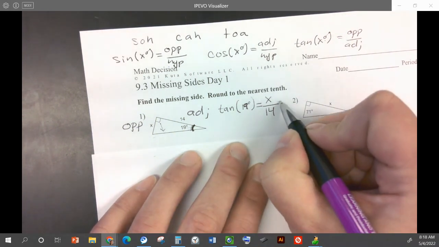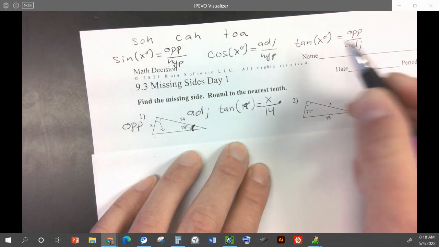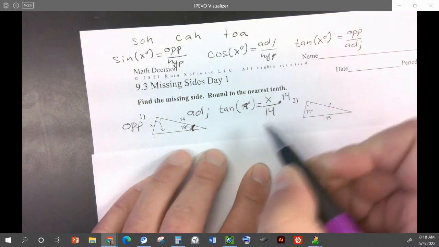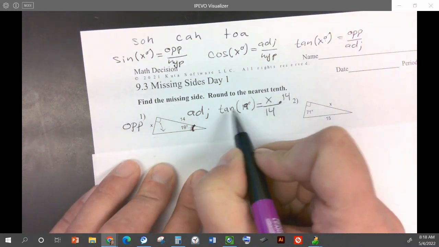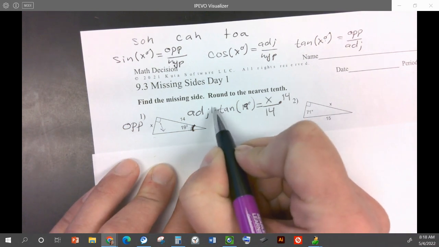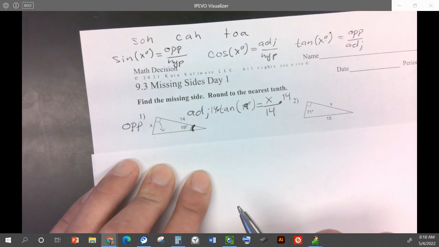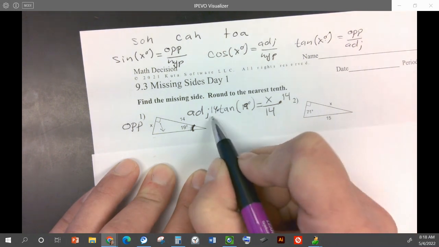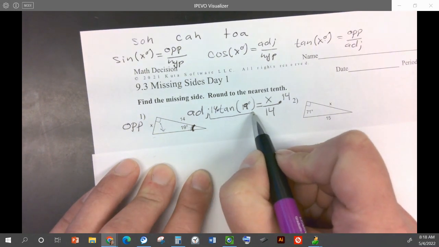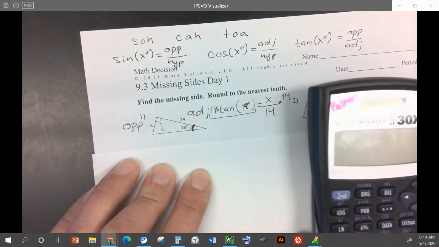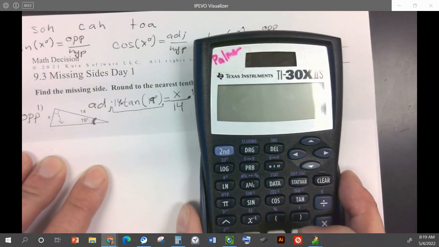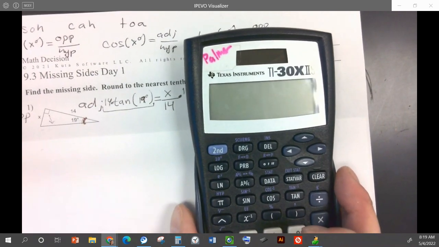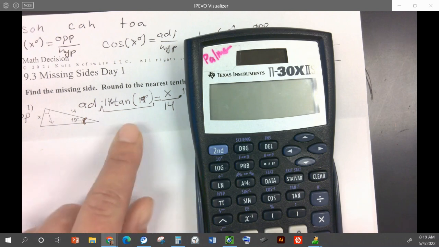Good, times 14 to both sides. We're looking to solve for x. We need to get x by itself, so do the opposite of divide by 14: multiply by 14 on both sides. Then I can plug this into my calculator, 14 tangent of 19 degrees. Whatever calculator you're using, make sure your calculator is in degrees.